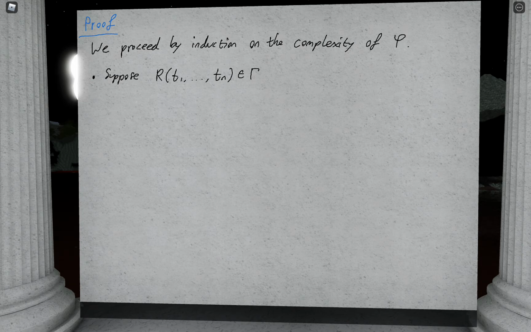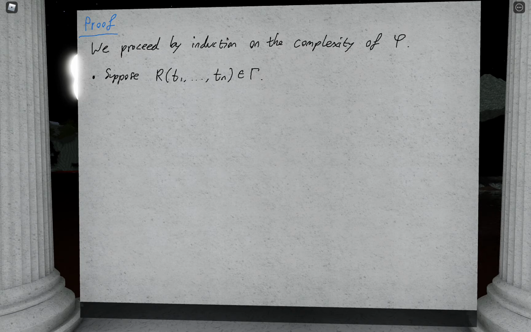So for now, all of the formulas that we're doing induction on are closed formulas. So our base case is when we have a closed atomic formula, which is just a relation symbol applied to some terms. And I start with it being one of the formulas in gamma.